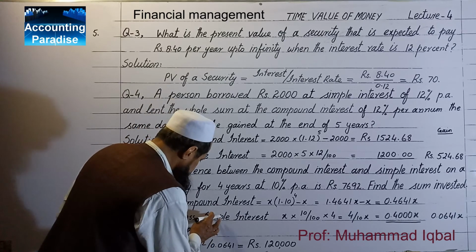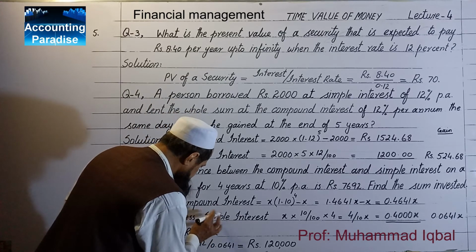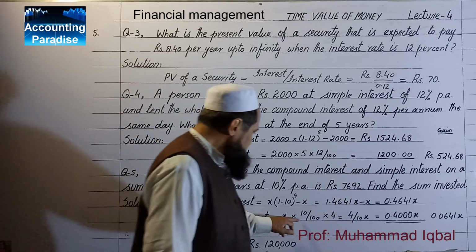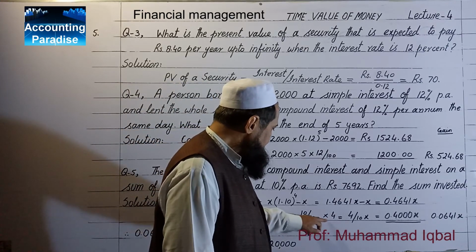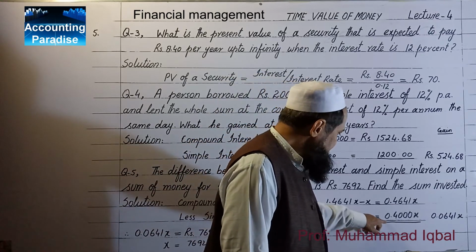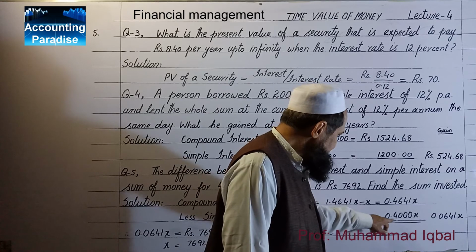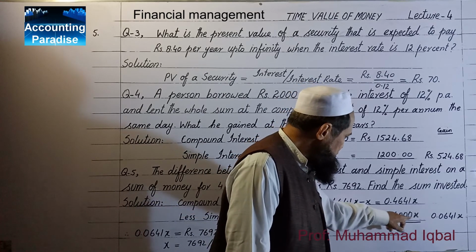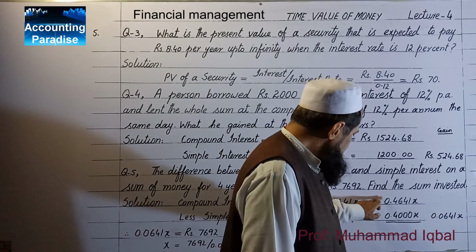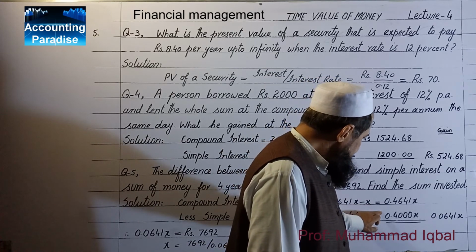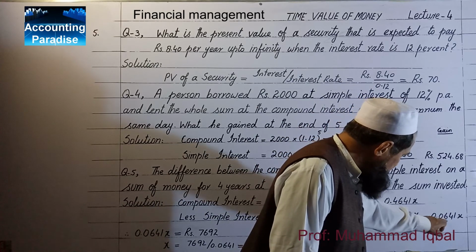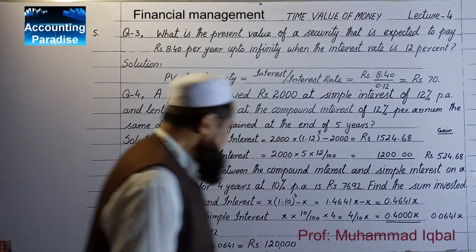And when we calculate this by the simple interest method, it is x into 10% into 4, that is equal to 4 over 10x, which is equal to 0.4000x. The difference between the compound interest and simple interest is equal to 0.0641x.